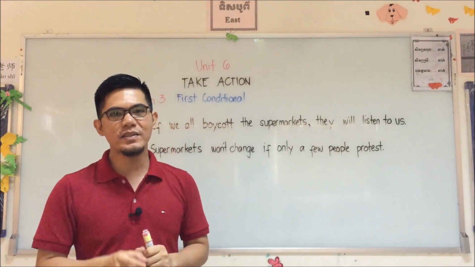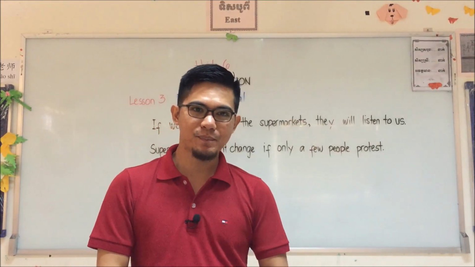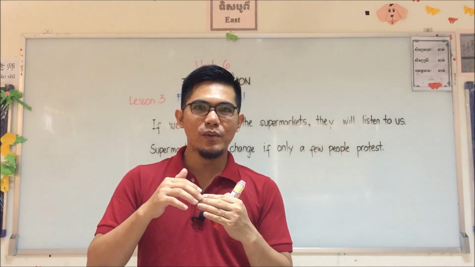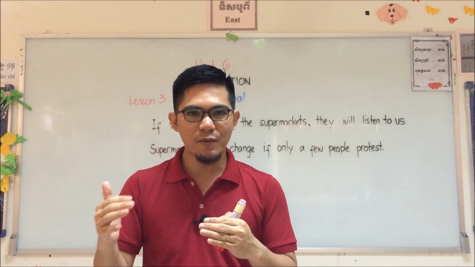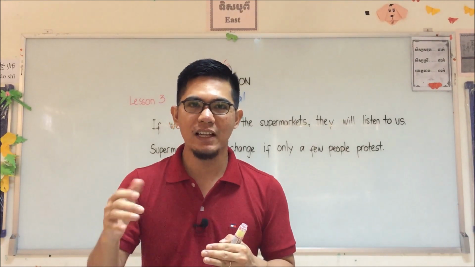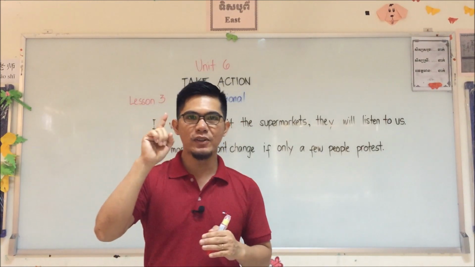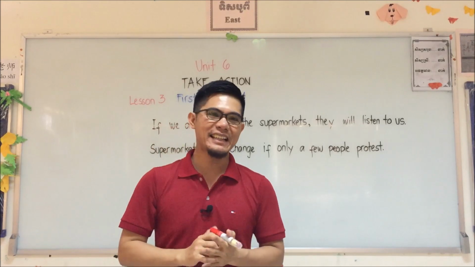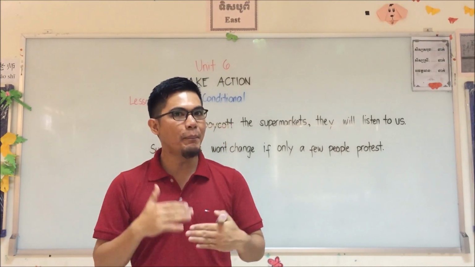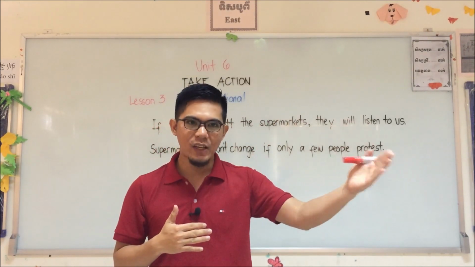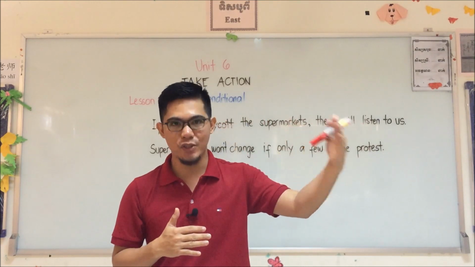Why? In using first conditional, we talk about a future possible situation. That's number 1. Future possible situation, meaning not yet happened. It's about to happen, or it will happen in the future.